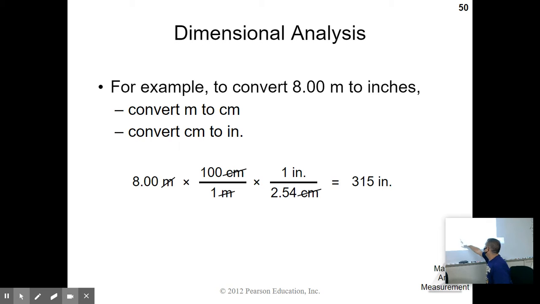So our given was 8 meters. Can anyone tell me how many significant figures there are in that number? It rhymes with something that has leaves and made of wood. 3. Yes, there are 3. 1, 2, 3. Going back to section 5 that had the video, there are 3 significant figures here.